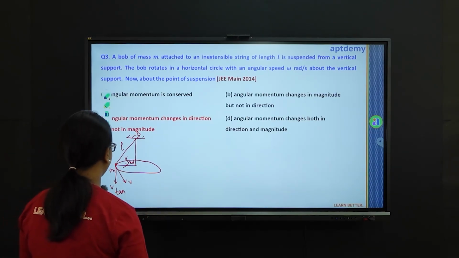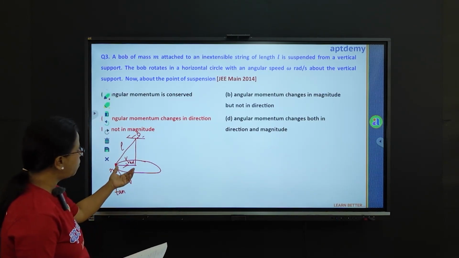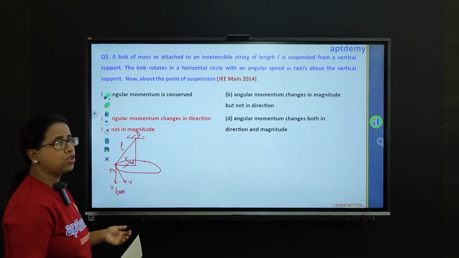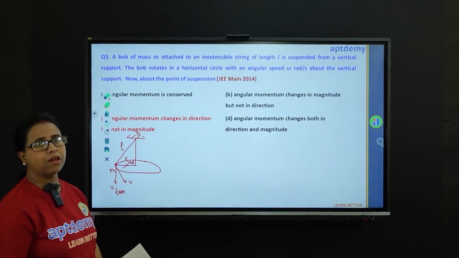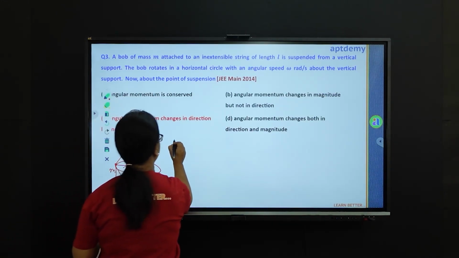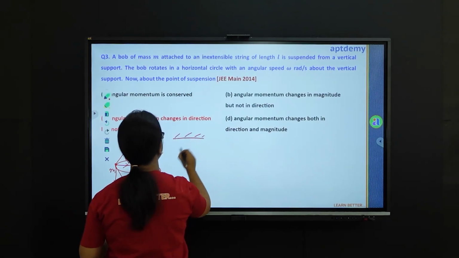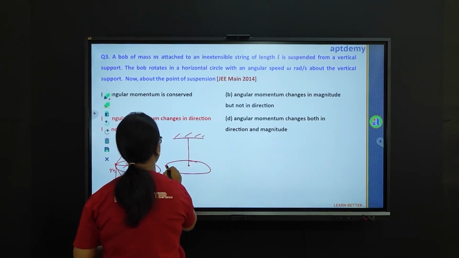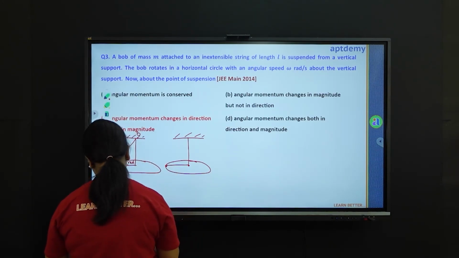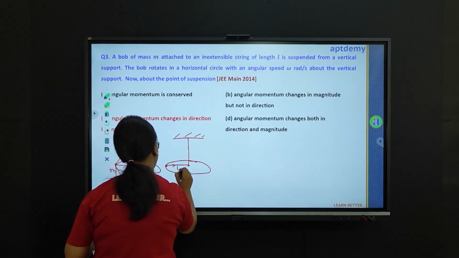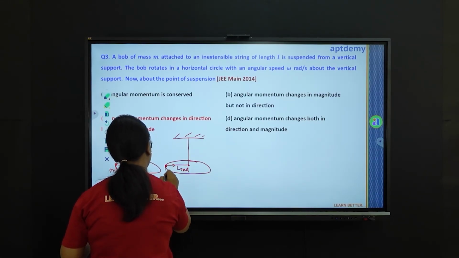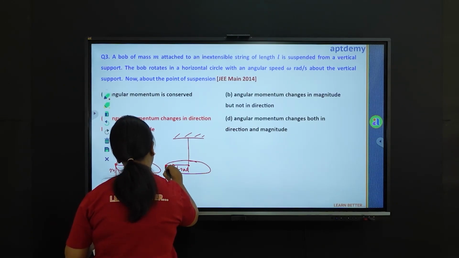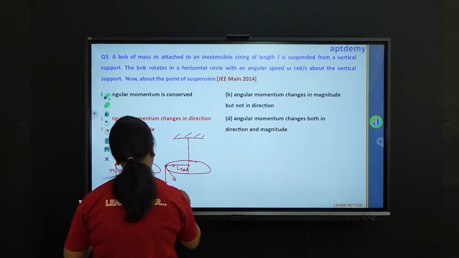Now due to the radial component of the velocity, we have the tangential component of the angular momentum coming up. So let's draw that as well, showing the angular momentum in fact. We have L radial and this is the tangential component L tangential, and this is the angular momentum L.